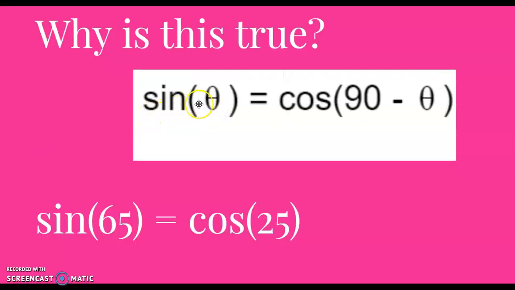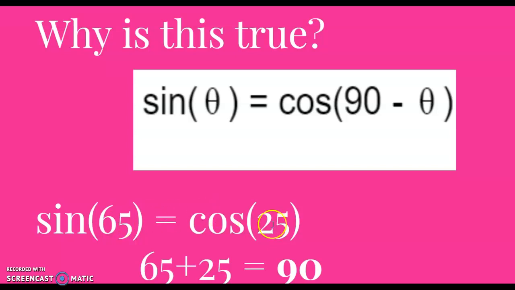And that's because the sine of one angle is equal to the cosine of the complement. For example, sine of 65 is equal to the cosine of 25 because 65 and 25 are complementary angles that add up to 90.